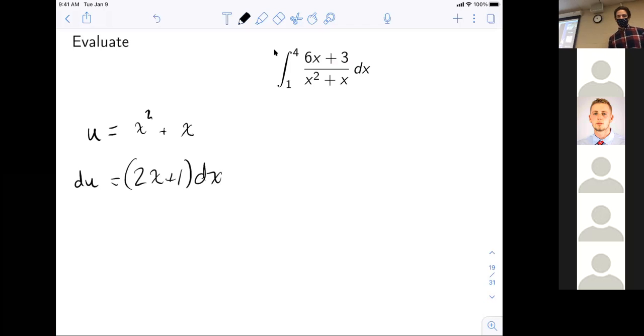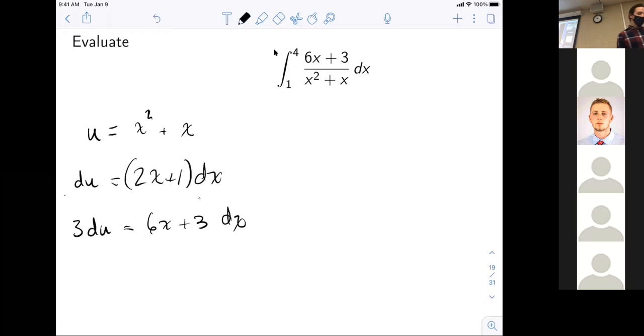So if we multiply both sides of this by 3, then 3 du is equal to 6x plus 3 dx, and then we have exactly what's left over, right?